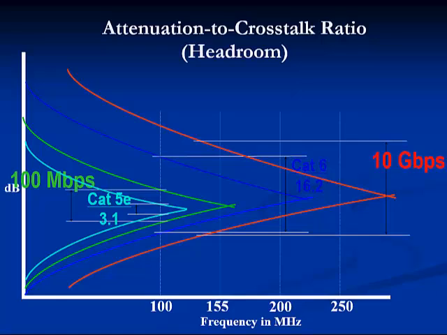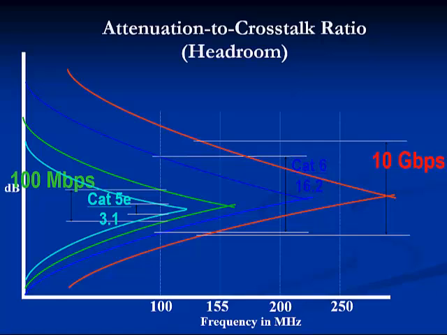Also, it's not really a ratio. It is the mathematical difference you get when you subtract the crosstalk ratio from the attenuation ratio at a given frequency. Technically, SNR also incorporates not only noise generated by the data transmission, but also outside interference.